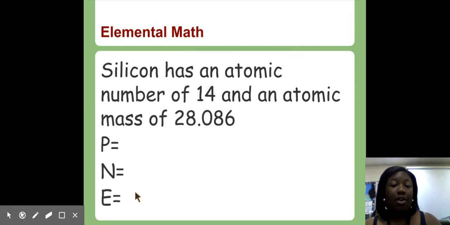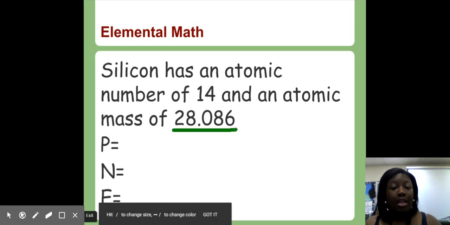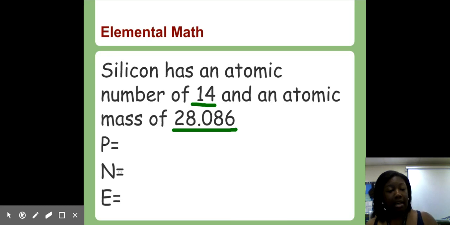So silicon has an atomic number of 14 and an atomic mass of 28.086, okay? So we know the neutron is the mass minus the atomic number.